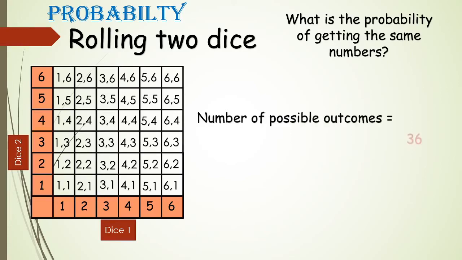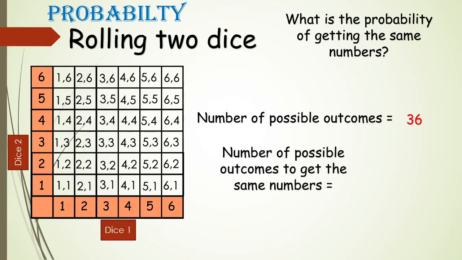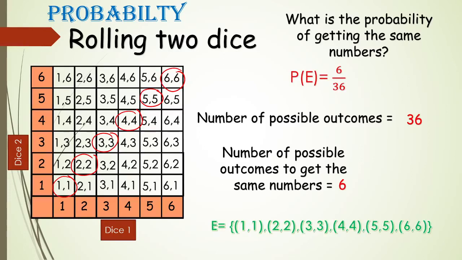So meaning, still 36. What are those outcomes having the same numbers? 1, 1, 2, 2, 3, 3, 4, 4, 5, 5, 6, 6. All in all, there are 6 outcomes. So the probability is simply 6 over 36. Reducing that, you'll be getting 1 over 6.